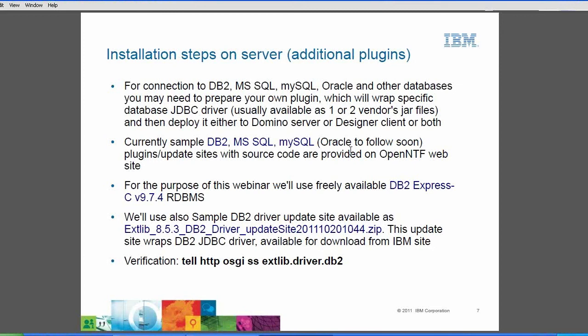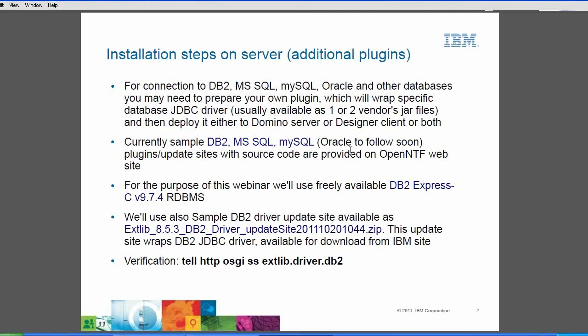But that is not enough. For DB2, you will need to download the so-called DB2 driver update site. We will do that as well, and we will install this DB2 driver update site the same way as we install the extension library itself on the server.